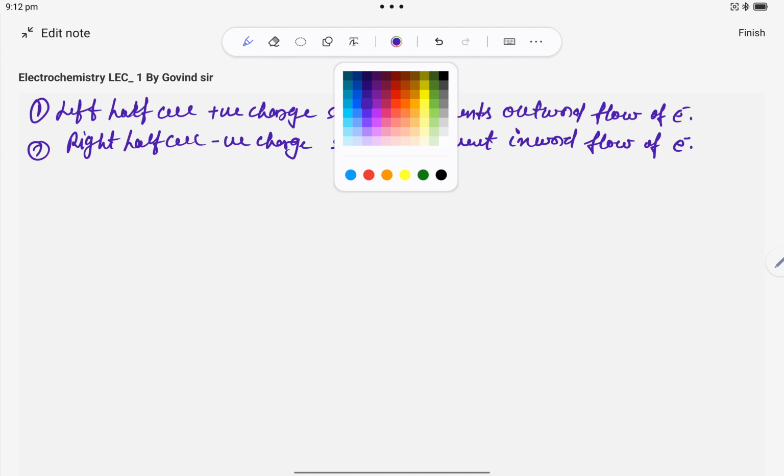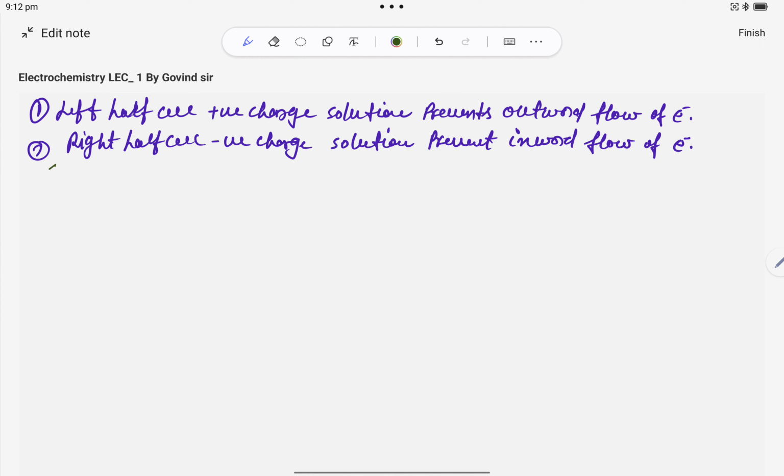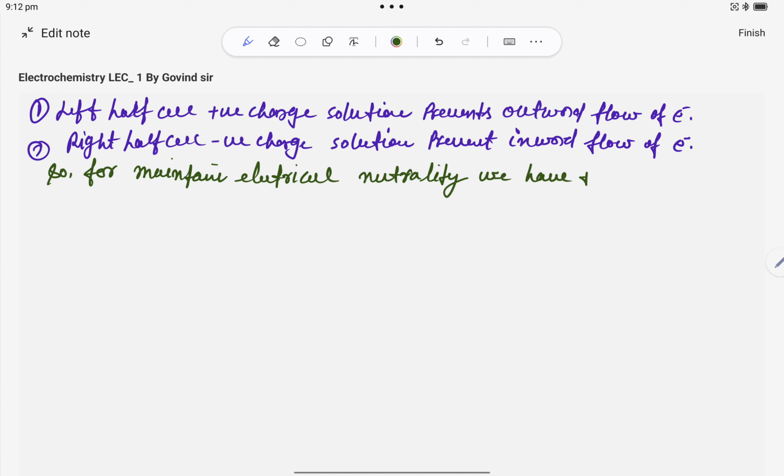So to remove this problem, to maintain electrical neutrality, we have to use a salt bridge.